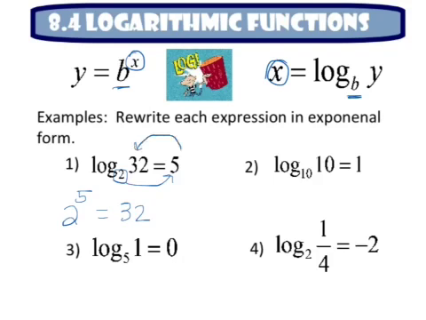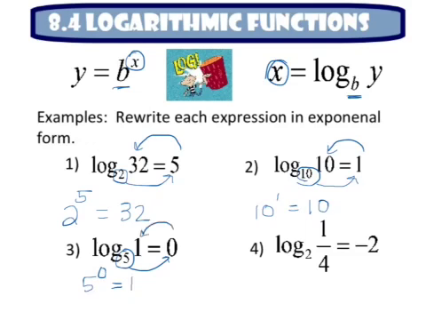And if we draw little arrows, we end up drawing a little circle around that equal sign. So number 2, we would start with that base of 10. We'd say 10 to the 1 equals 10. Again, a true statement. Number 3, start with the 5. 5 to the 0 equals 1.